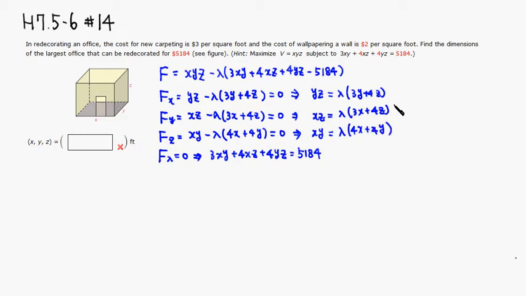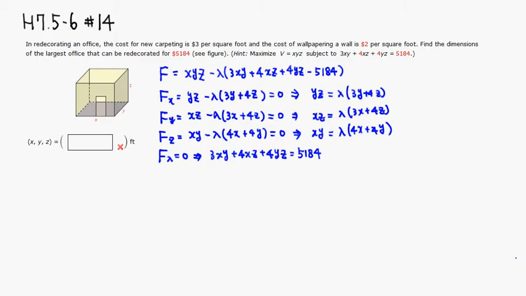And we're trying to think of a good way to combine these equations. One thing we can do is try to make xyz out of these three equations.